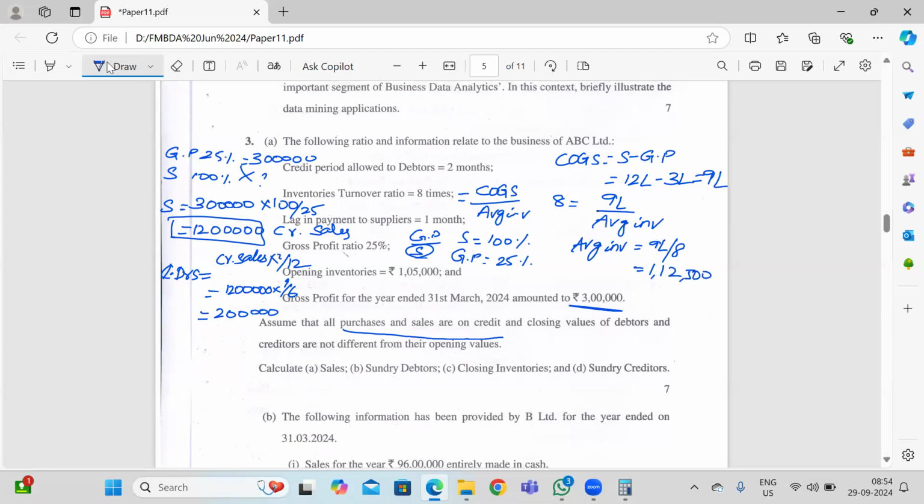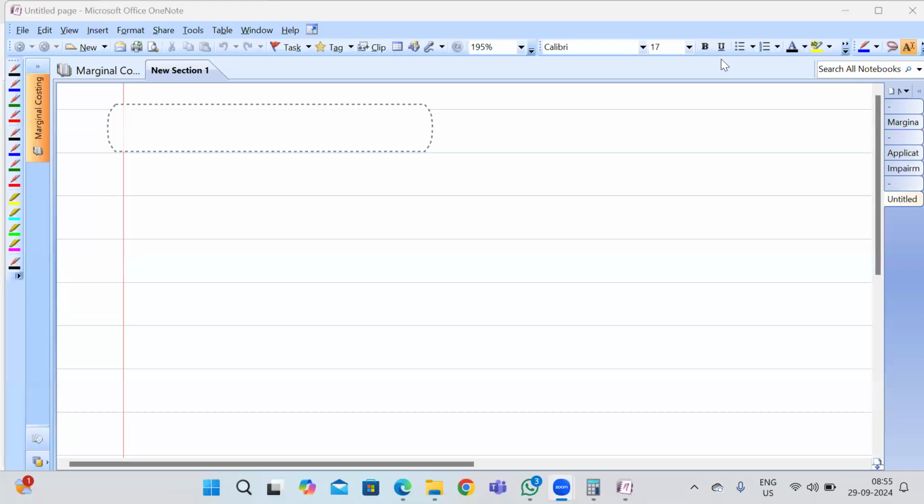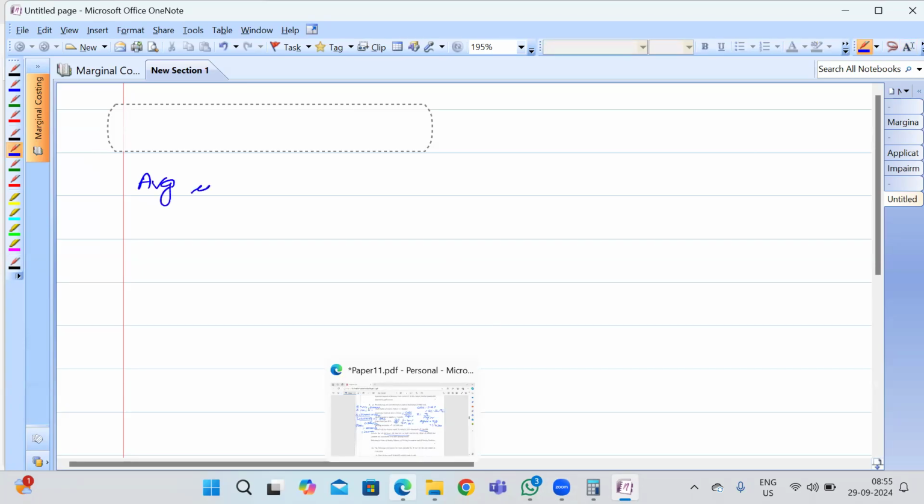In this question, we have opening inventory as well. What is the formula for average inventory?